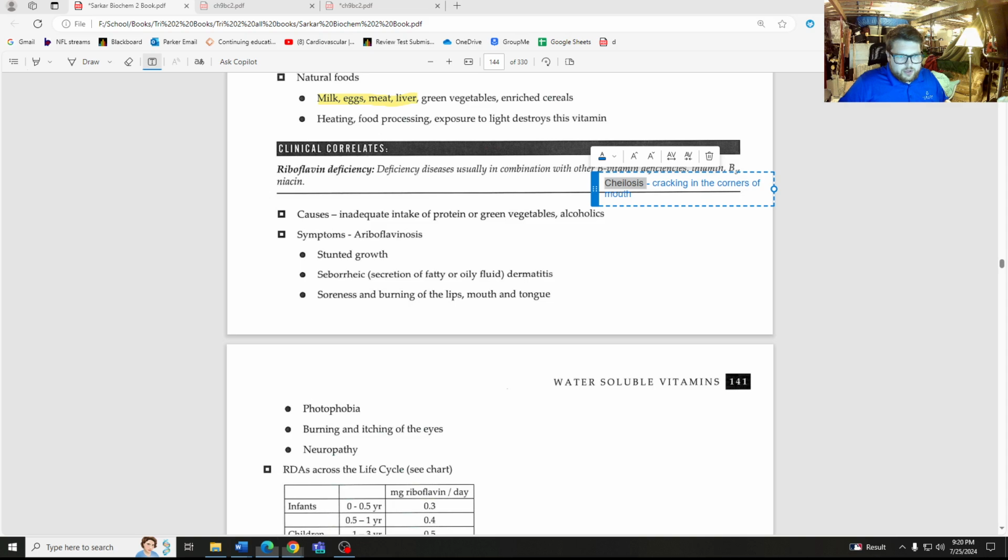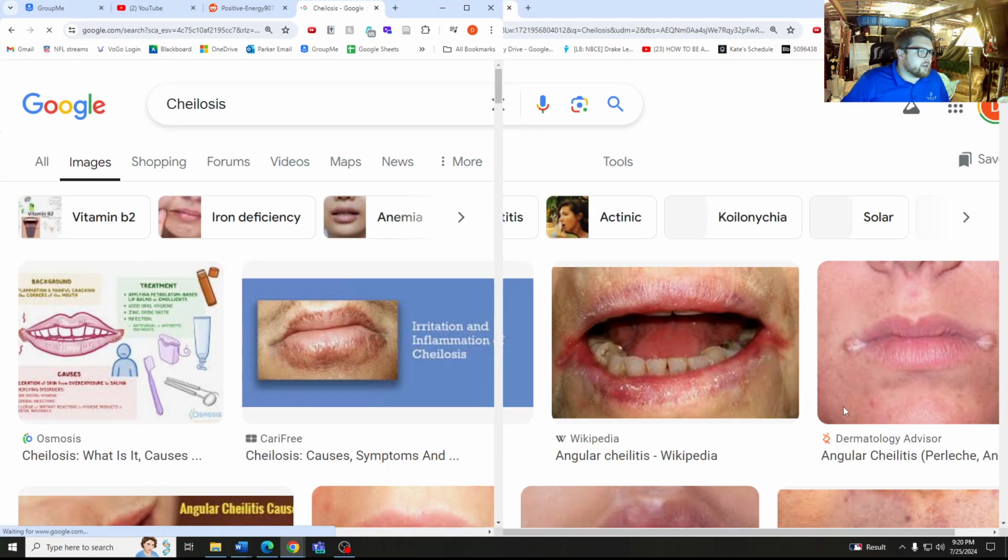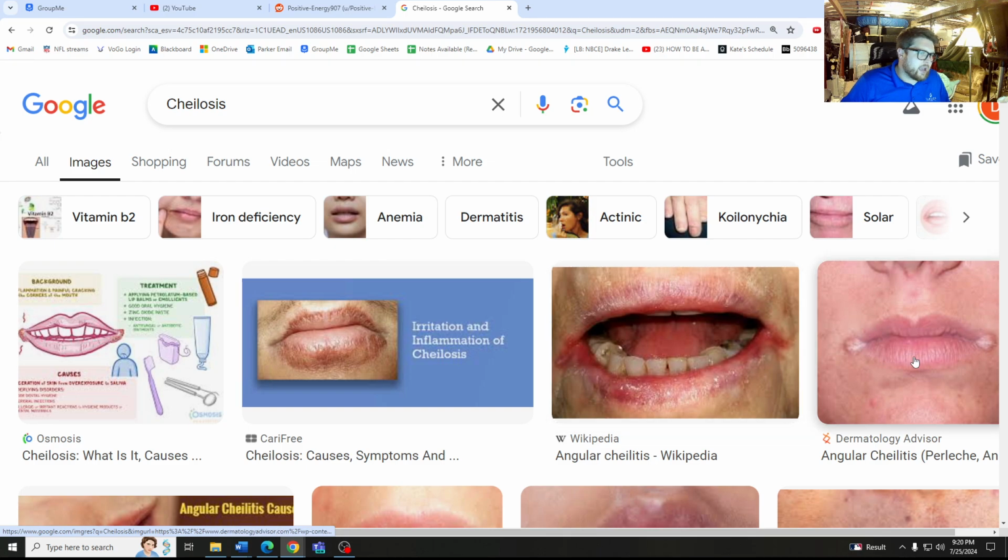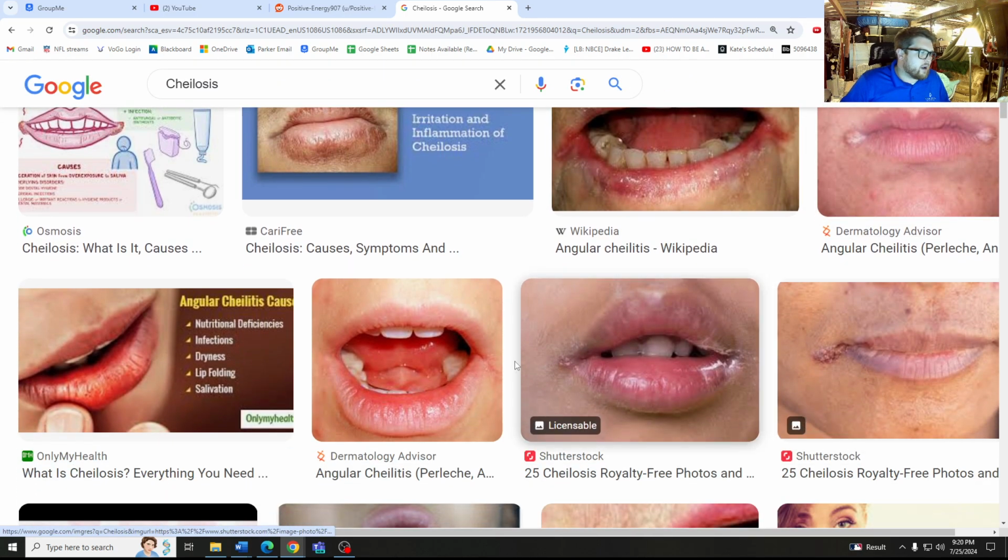I have a picture of it that I can pull up. If you're squeamish with medical pictures, be warned. So here, this is cheilosis, that cracking at the edge of the mouth.